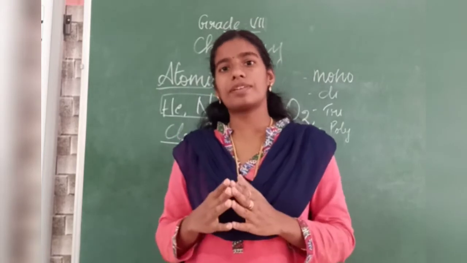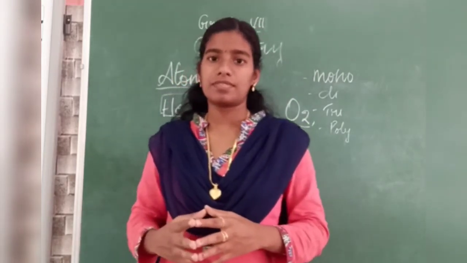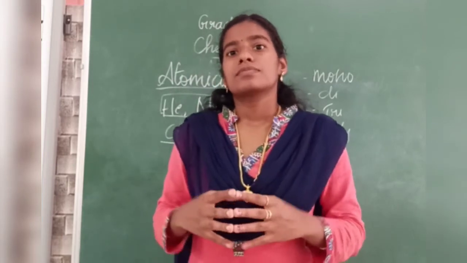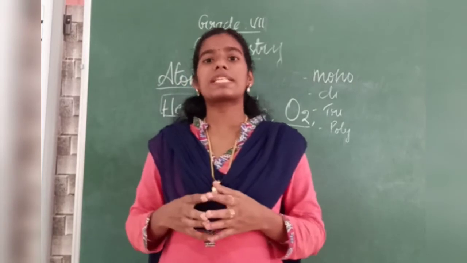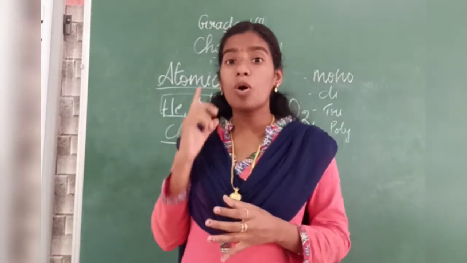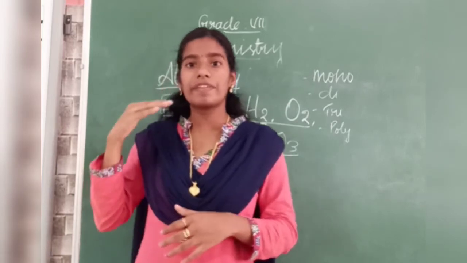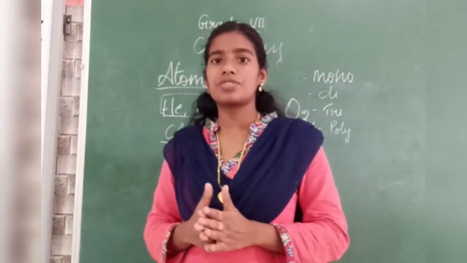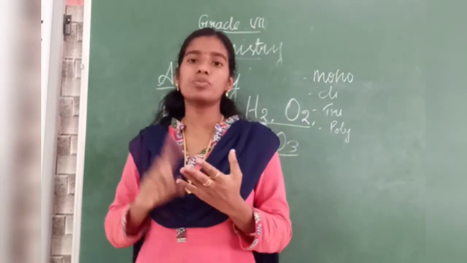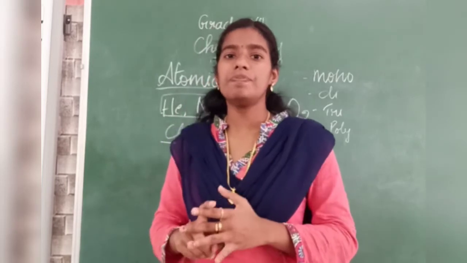Then we have learned about a word called atomicity. What's atomicity? Atomicity represents the number of atoms present in the molecule. Depending upon the number of atoms, it is divided into mono, di, tri and polyatomic.